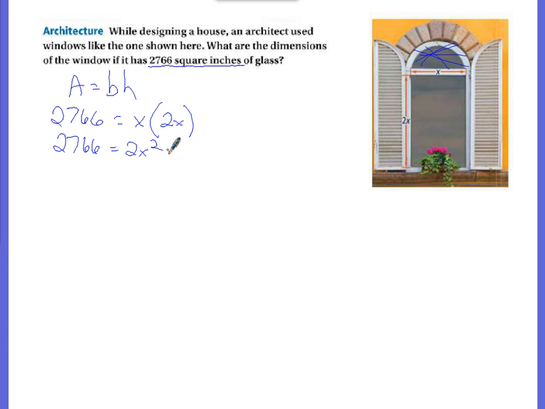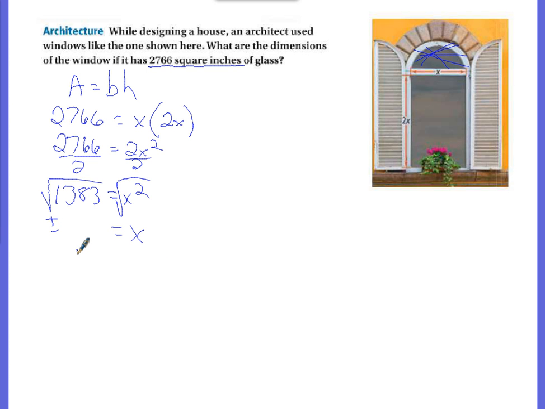Now what? Divide both sides by 2. And what is 2,766 divided by 2? 1,383. Okay. Now what? Square root both sides to get x by itself. And we get x equals plus or minus, okay.